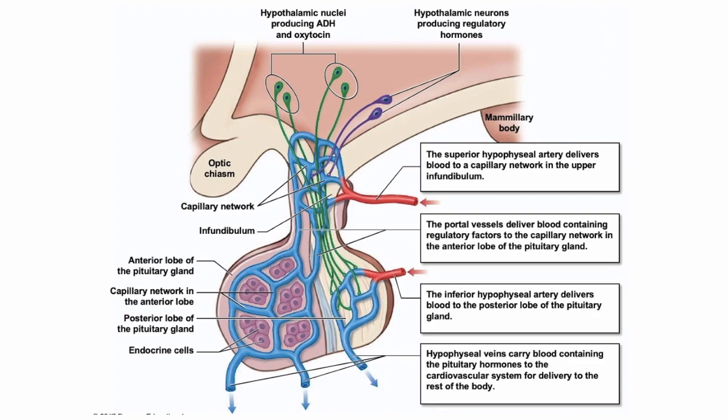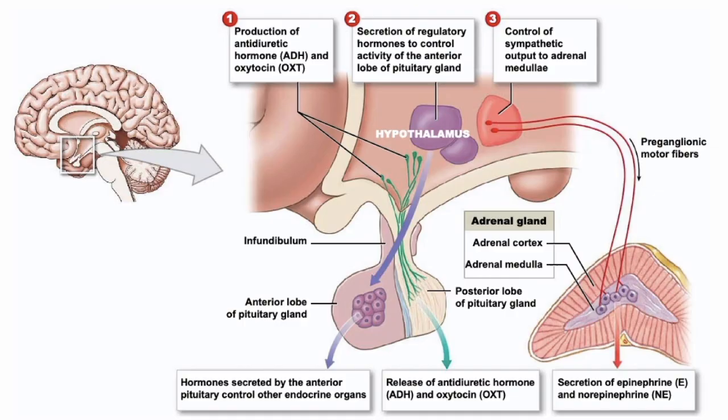We have purple ones starting up in the hypothalamus and coming down, reaching the infundibulum of the pituitary. And we have red ones that start up in the hypothalamus and directly innervate the adrenal medulla of the adrenal glands. It doesn't really matter where we start here, but let's just start with the green ones.